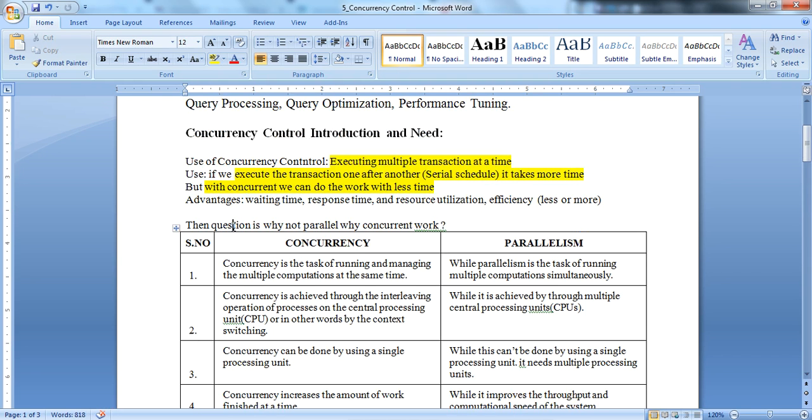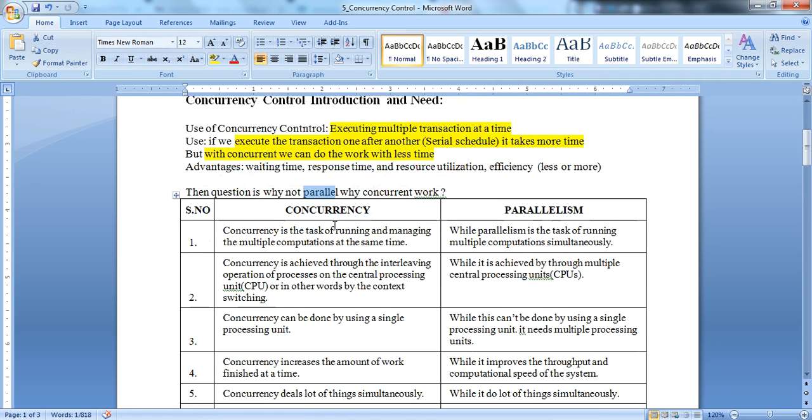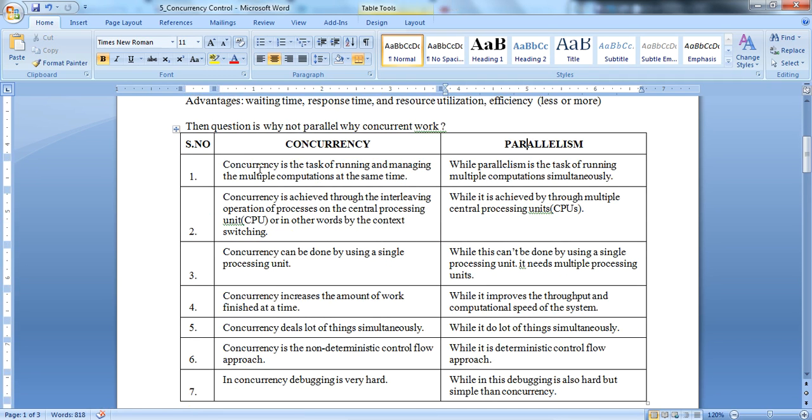Now the question is, why not parallel, why concurrent? Serial takes more time, so we run concurrently. Then one more question: why don't we run it in parallel? So we will know about the difference between concurrency and parallelism. Concurrency is the task of running and managing multiple computations at the same time.